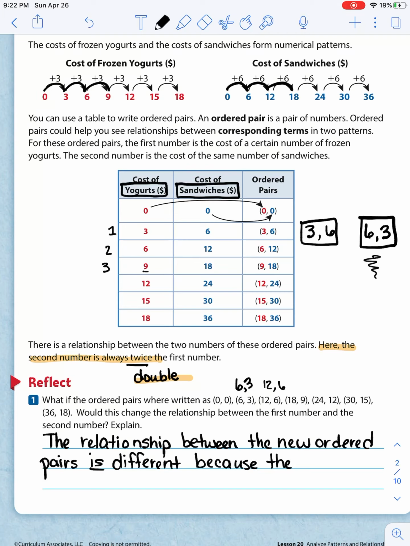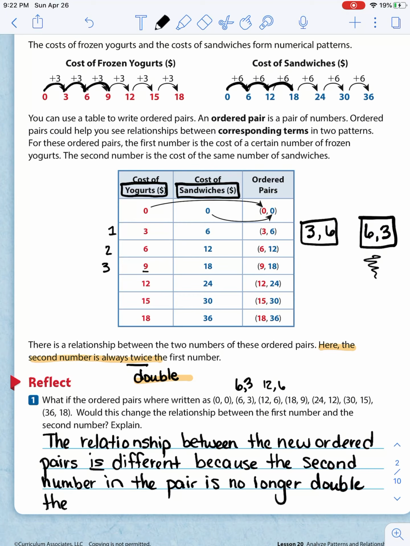Because the second number in the pair is no longer double the first number.